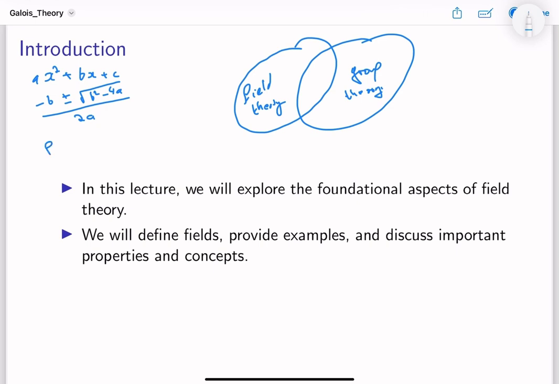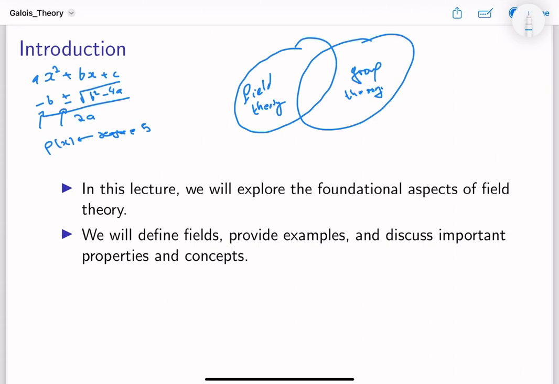So if we take a polynomial p of x of degree 5, can we express the roots of this polynomial in a compact form in terms of these arithmetic operations that we know, and possibly some radicals? This question is a hard one, and it was answered by Galois by relating the roots of these polynomials to a group known as the Galois group.